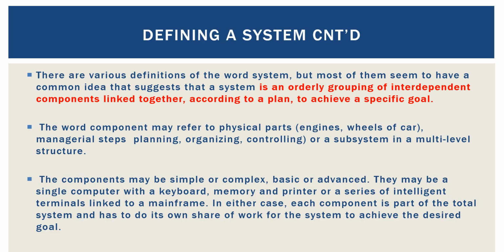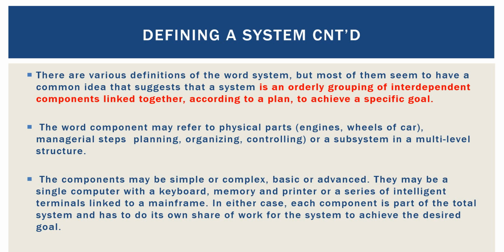So the word component is not only limited to physical components, but we are looking at what exactly a system is composed of. Of course, systems differ from one system to another. Some have physical components, others have organizational structures, others have multi-level structure. So components may be simple or complex. They may be basic or advanced.